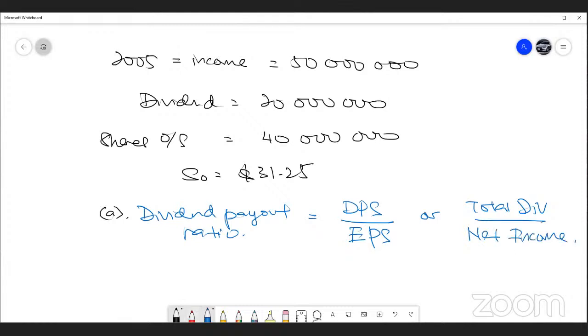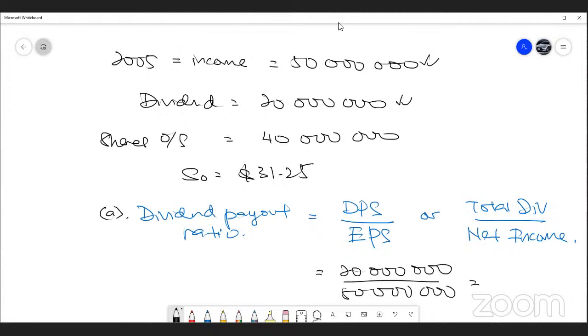So which one is easier for this question? You already have the dividend and the net income, so there's no need to count DPS and EPS. Straight away use dividend divided by net income, which is faster. Dividend is 20 million divided by net income of 50 million. Your dividend payout ratio is 0.4, or 40%.